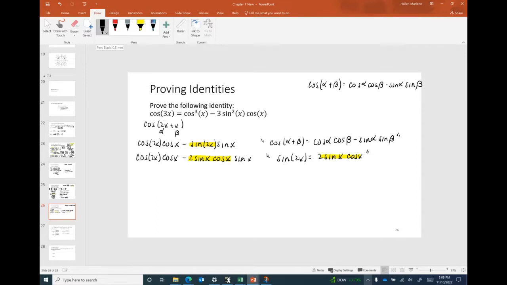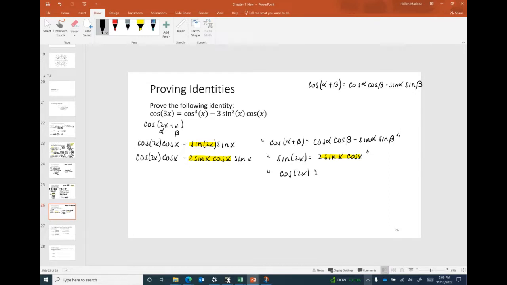Here, this is a sine squared. This is 2 sine squared cosine x. I need another sine cosine x. So which one do I want to use? Geez, I don't know. So I'm going to just try one and see. It seems to me like maybe this might work, and if it doesn't, we'll just erase it and go a different path.